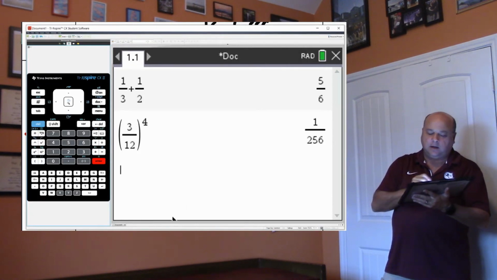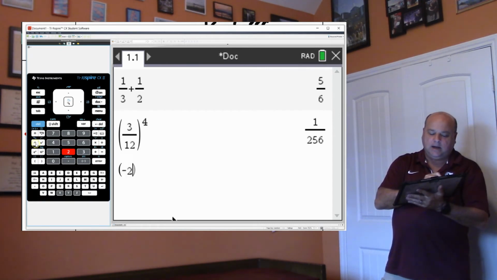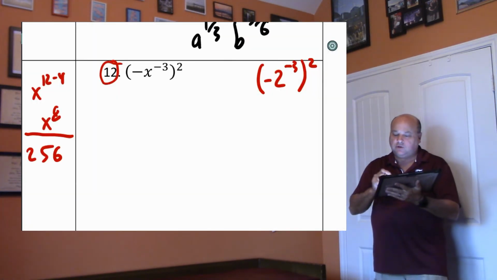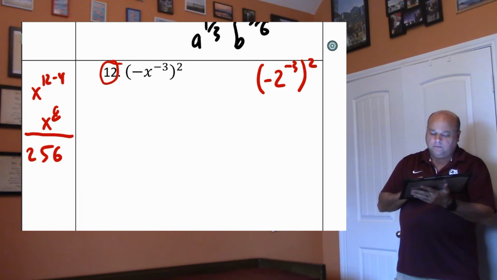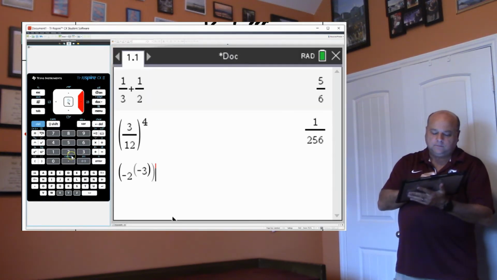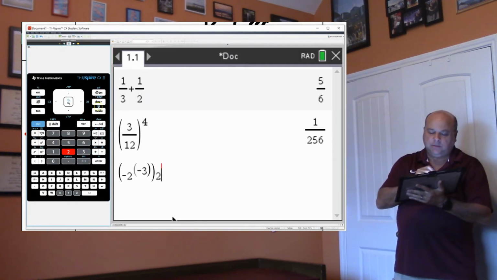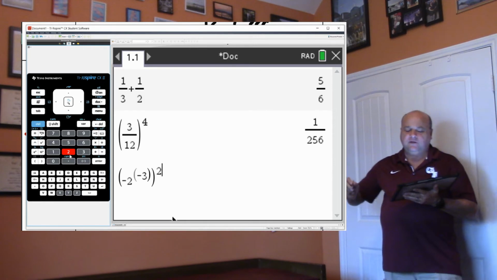So let's go to the calculator, hit parentheses, -2, caret to the -3, close parentheses, and then let's raise it to the second power. Caret 2.